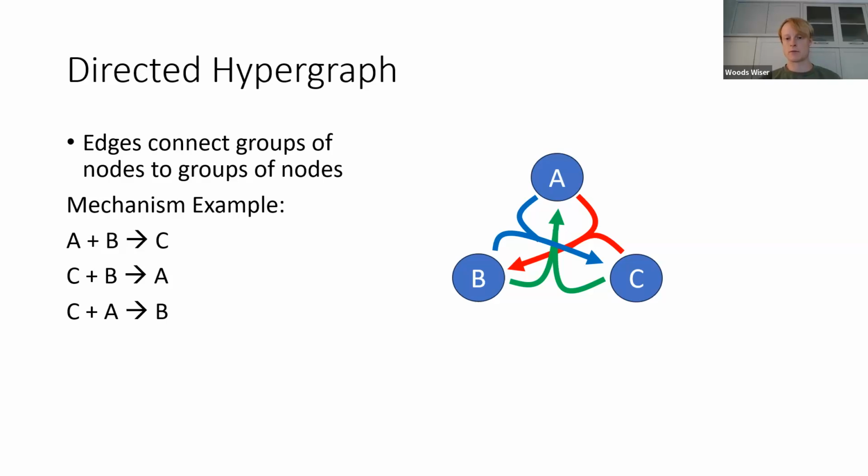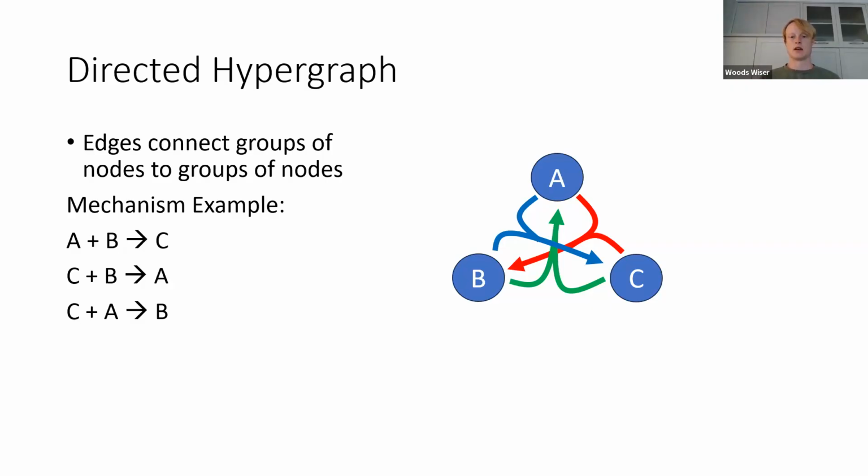All these species are now mutually reachable, and they're also connected by what we call hyperedges, wherein there are multiple species connected to multiple species. In this case, they're all connected to just one species, but the point being that there can be more than one node on either side of the edge.